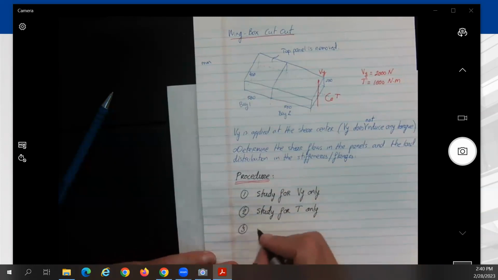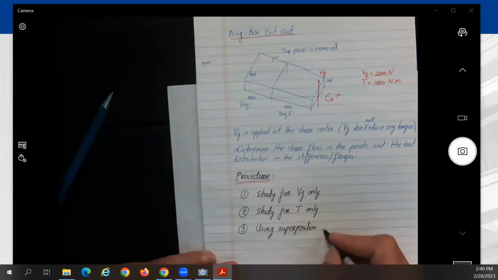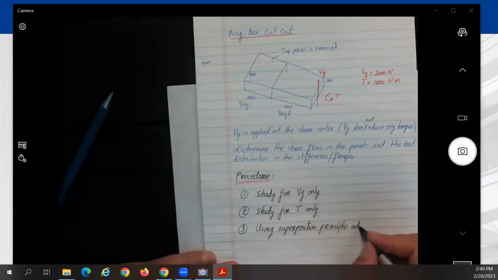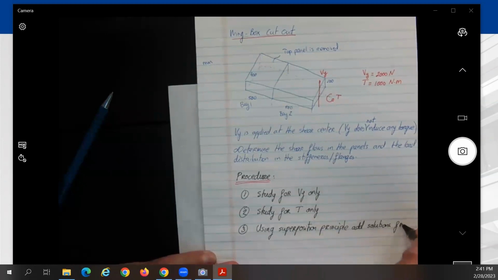And three, using the superposition principle, add solutions from one and two.